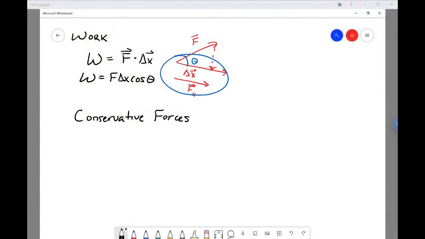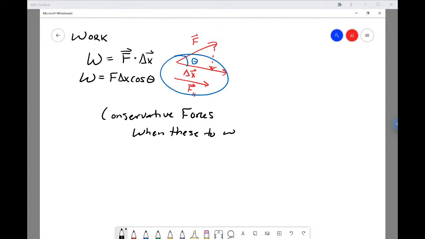When conservative forces do work in the physical sense, the amount of work doesn't depend on path, or I'll just say is independent of path. I'll write this a little bit more carefully.